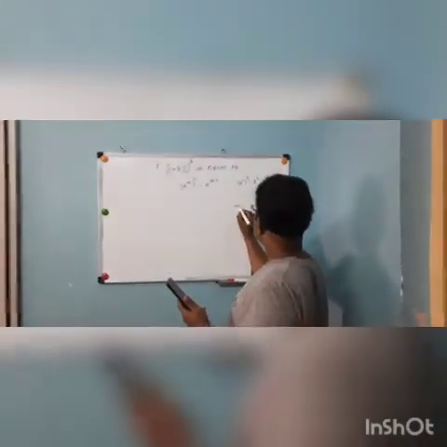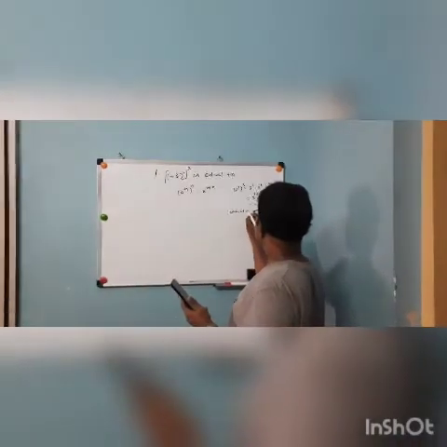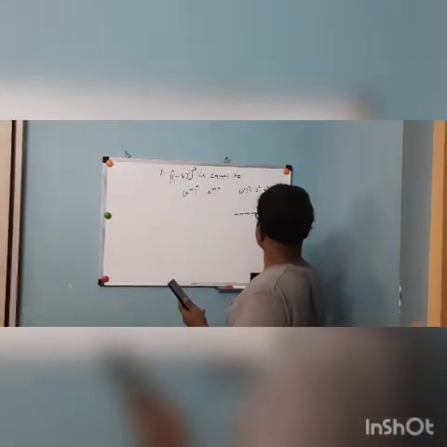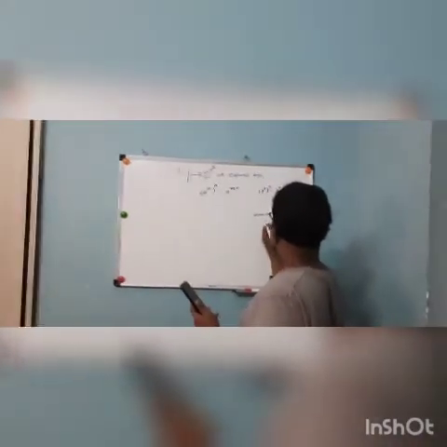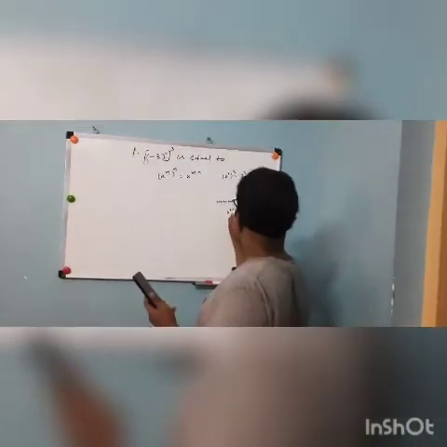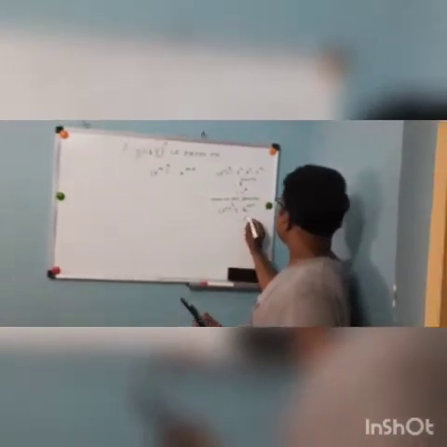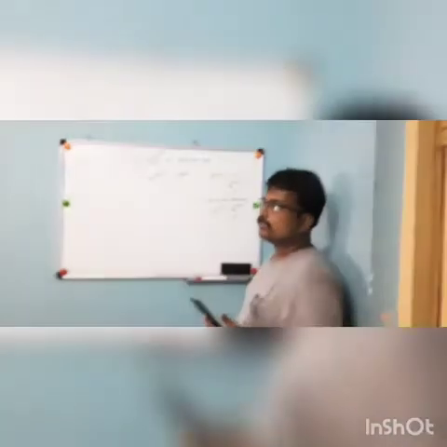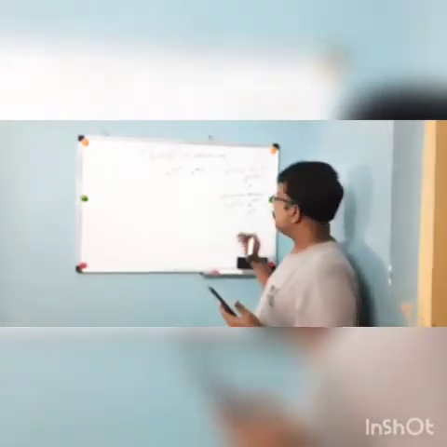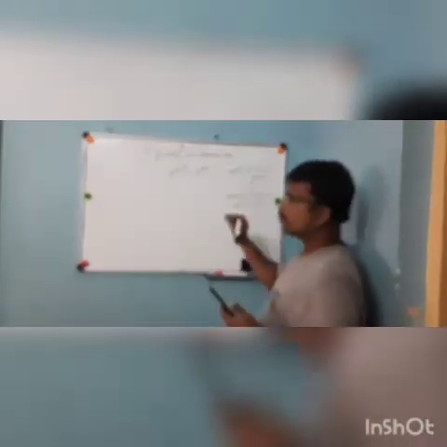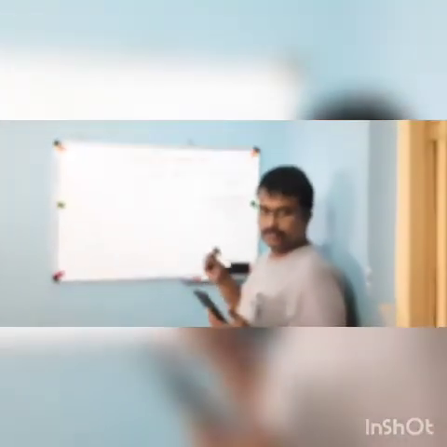When we use the formula, 2 square whole cube is 2 power 2 into 3, which is also 2 power 6. So that's why we use the formula, to reduce the time.